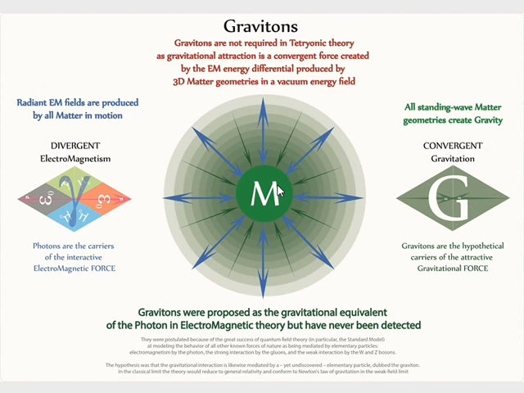So it's always a convergent force, whereas the photons that make up EM waves, of EM fields and of blackbody radiation, are always divergent and have interactive forces dependent on their charges.